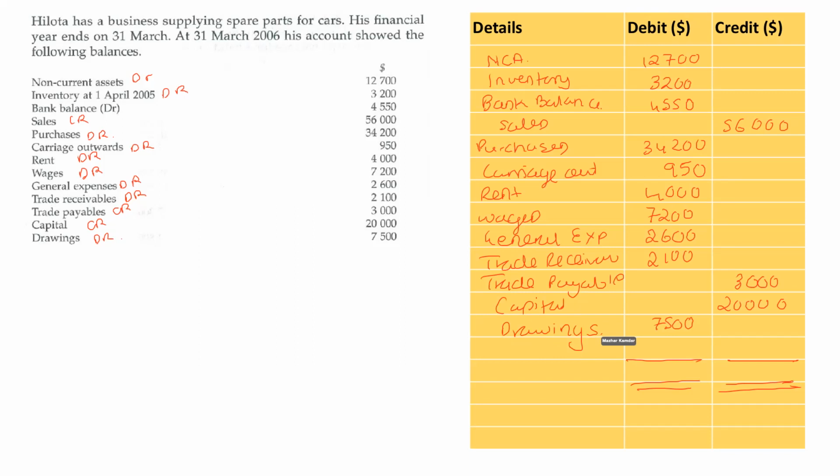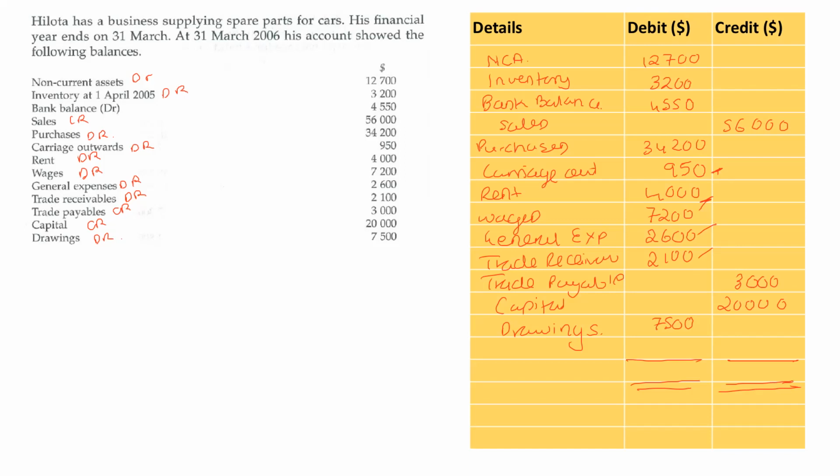Now I do the total of the debit. 12,700 plus 3,200 plus 4,515 plus 34,200 plus 950 plus 4,000 plus 7,200 plus 2,600 plus 2,100 plus 7,500.